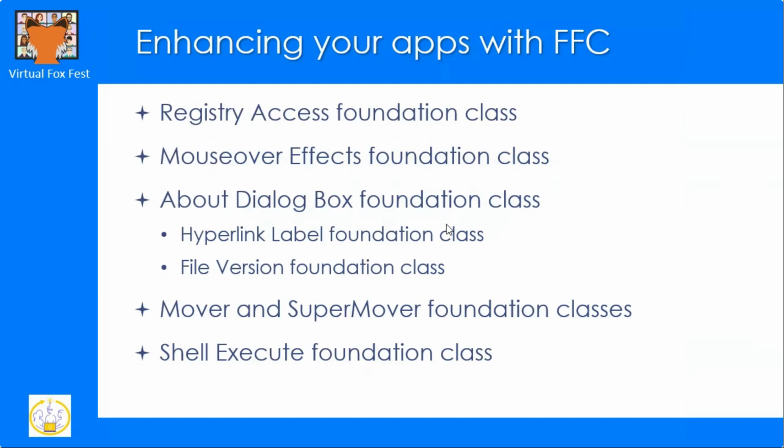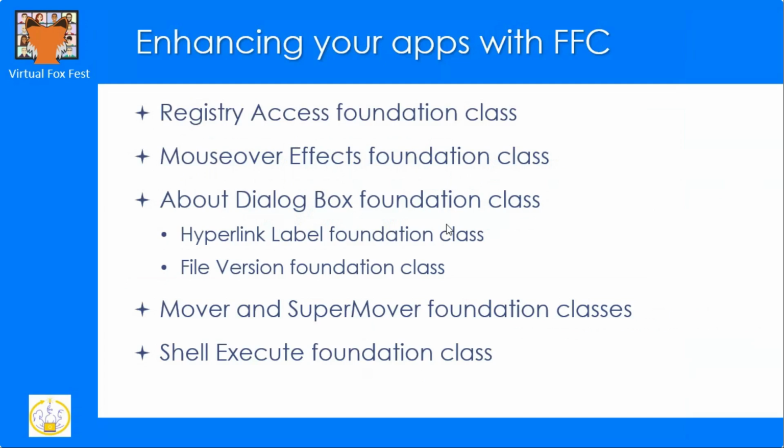The About dialog box is the one we saw just a moment ago when we were exploring. I want to show what that is and how to modify it and make it suitable for your application in your company. Along the way, that provides a good place to introduce a couple of other little foundation classes, namely the hyperlink and the file version. So we will add those to our dialog box as we see the example.